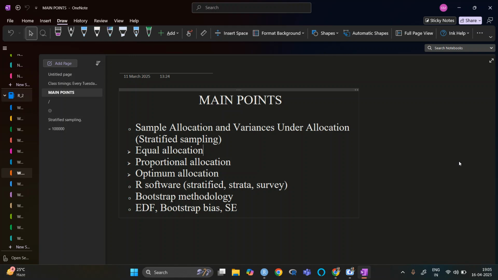Now if I take equal allocation, which means taking an equal number from each, say 20, 20, 20, it is not a very good allocation because the populations are very different.